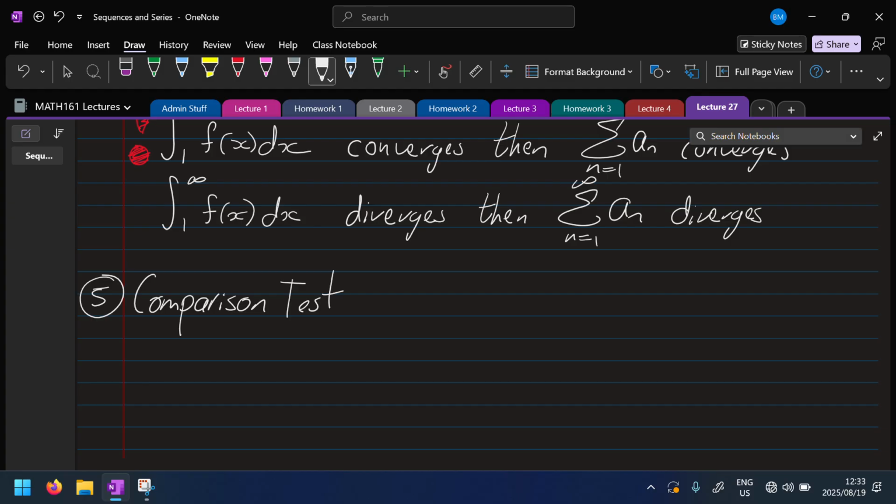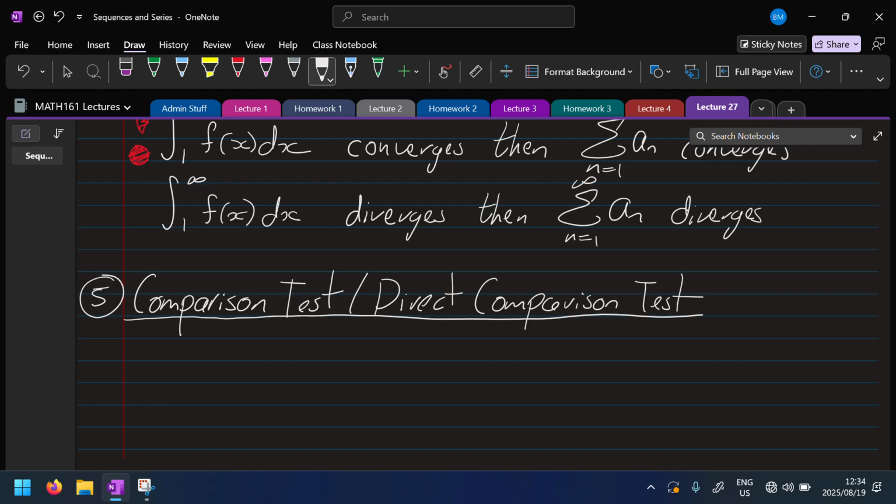If you're looking in the textbook or with the YouTube videos, and the guy says direct comparison test, it's the same thing as the comparison test. It's not two different tests.